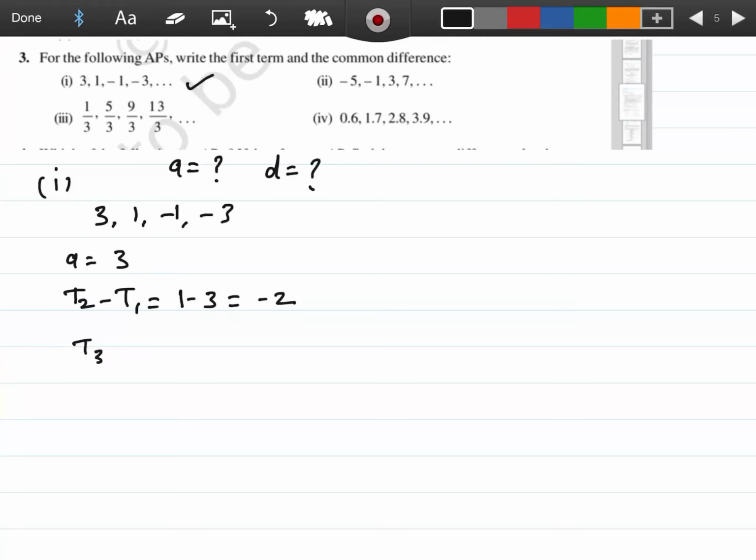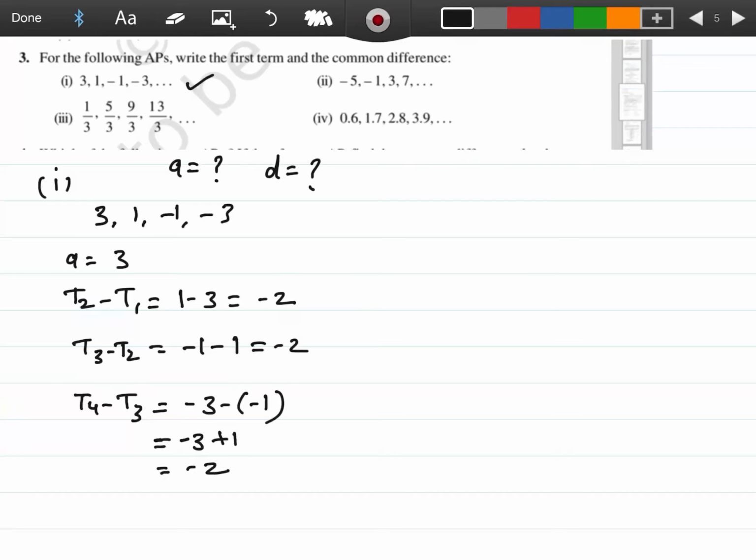Again T3 minus T2, so -1 minus 1, that is -2. Again T4 minus T3, term 4 minus term 3, that is -3 minus -1. So -3, whenever you open the bracket, minus minus plus, again you are getting 2.